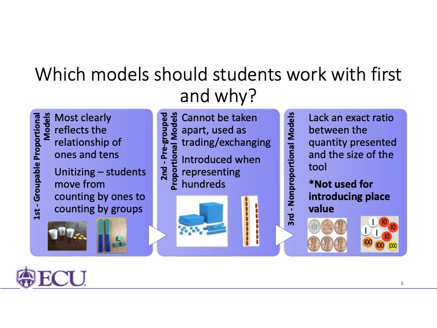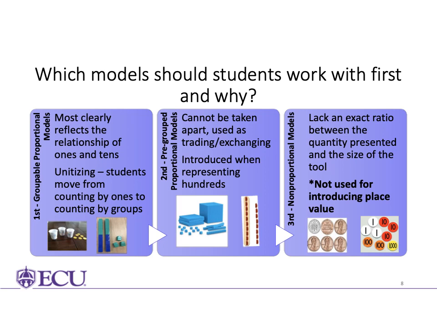So just to bring it all together, when you're starting with first graders, you want to use groupable proportional models, okay? You want the kids to actually make those groups. We call that unitizing. It's when they are able to start counting by groups. Next, we want kids to move in second grade into those pre-grouped models, like those bean sticks and the base 10 blocks, all right?